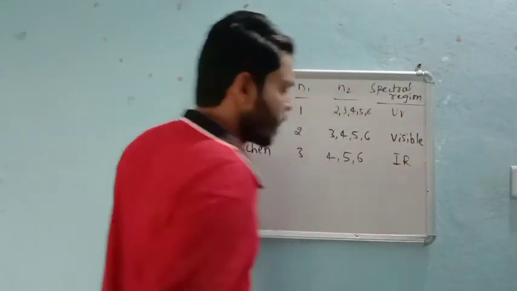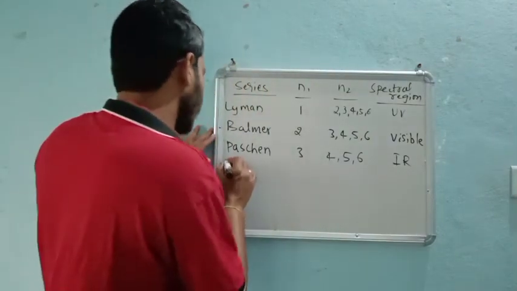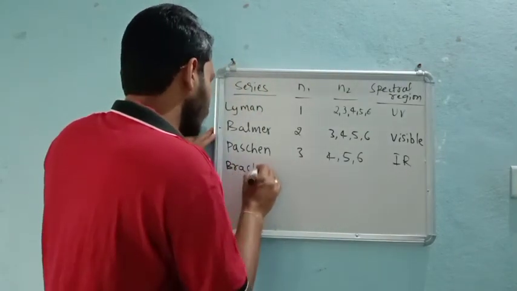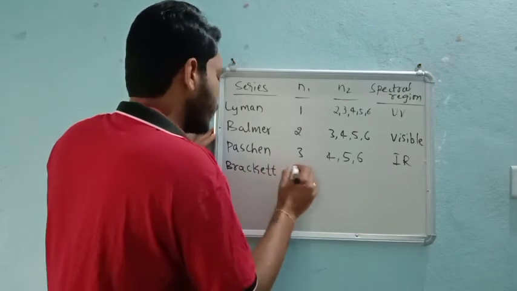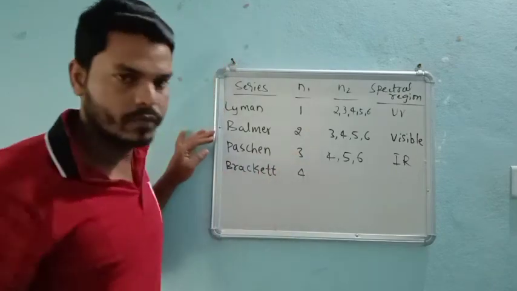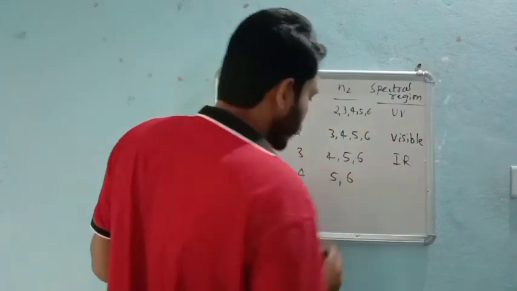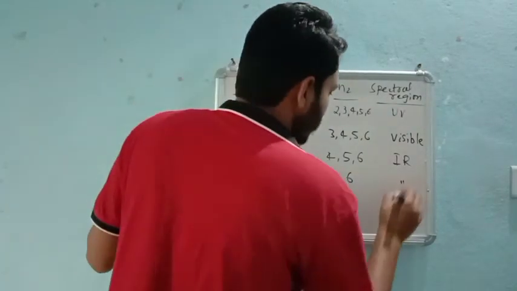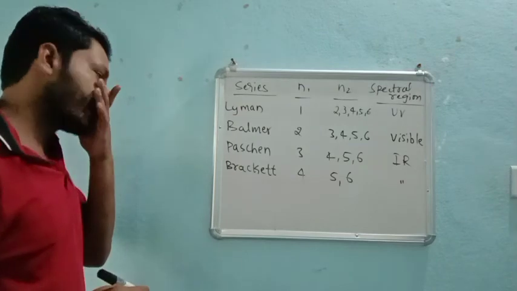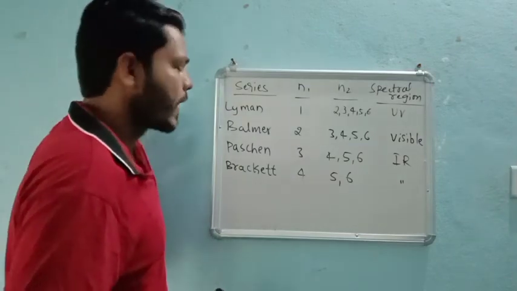IR region. And next, Paschen to the next, Brackett. According to Brackett, the lower energy level is fourth, and from the fourth energy level they can jump to 5 or 6, and whose spectral region is always IR only.